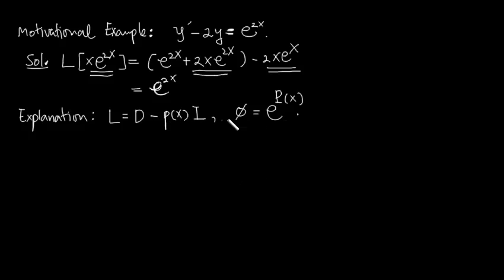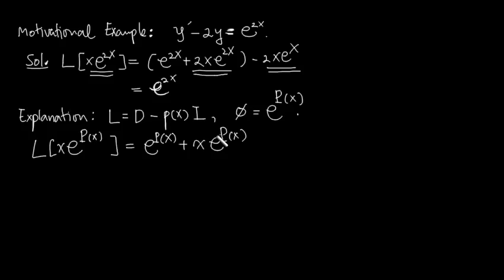So since that's the kernel of this operator, if you stick it in there, it's going to be 0. So what we're going to try is x times e to the P(x). Let's see what happens. If you differentiate it, e to the P(x) survives.